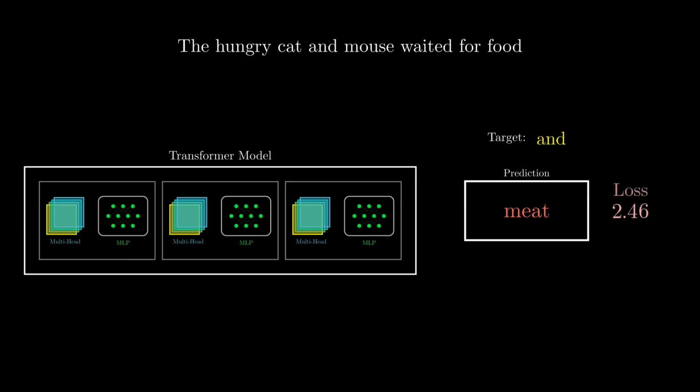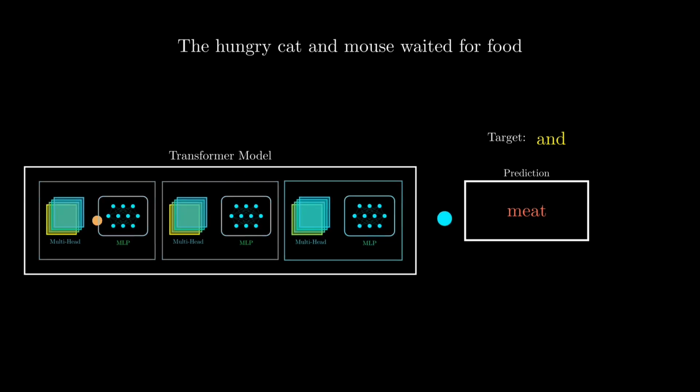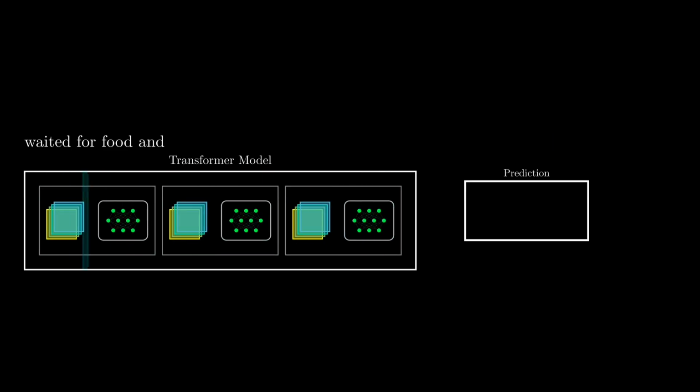How? By calculating something called loss, using a cost function. The loss tells us how far off the model's prediction was from the correct next word. Then, using this loss, the model updates its weights so that the next time it predicts, it gets a little bit better. This cycle repeats millions or even billions of times.